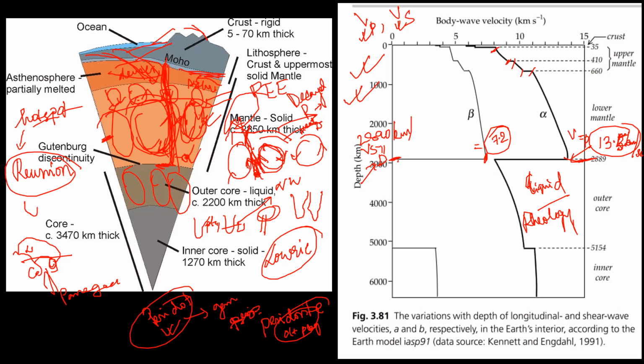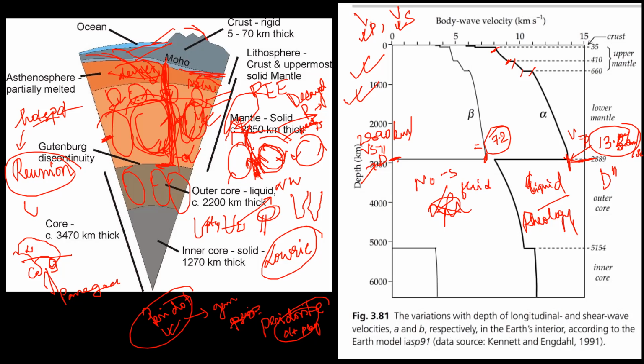So what is the velocity of the P wave at 410 kilometers, below 400, or where is the highest velocity of the P wave observed? That is at the D double prime layer, the core mantle boundary, where 13.7 and 7.2 are the velocities of the P and S waves. And here you see there is no S wave present. So we can say, no S wave, that's why it is fluid in nature.